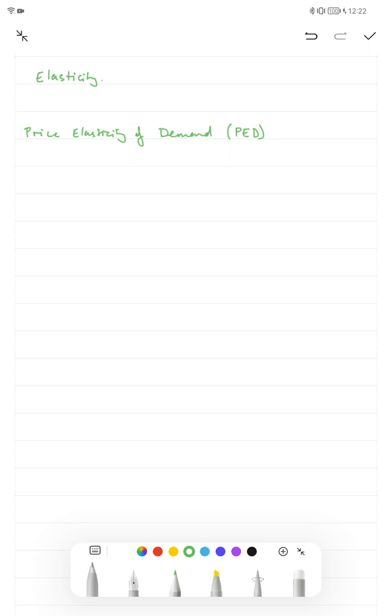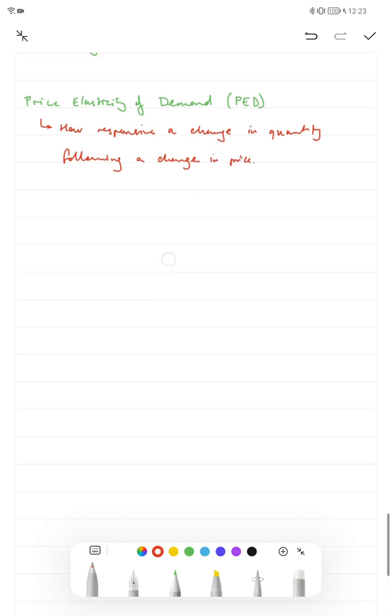The price elasticity of demand tells you how responsive a change in quantity is following a change in price. And there's a formula for this.